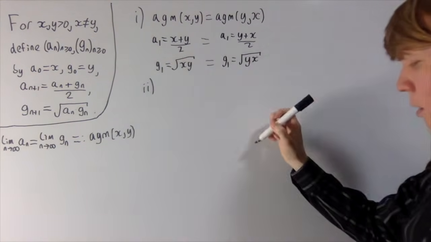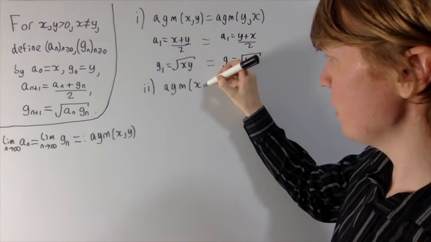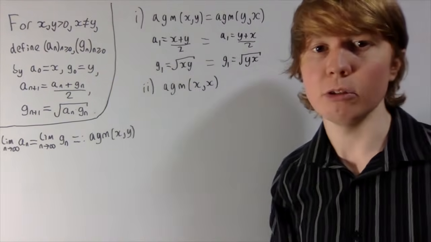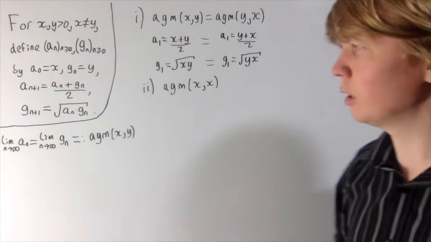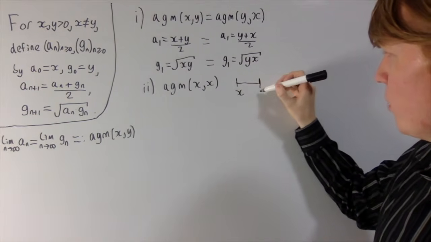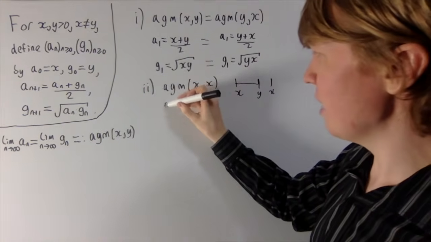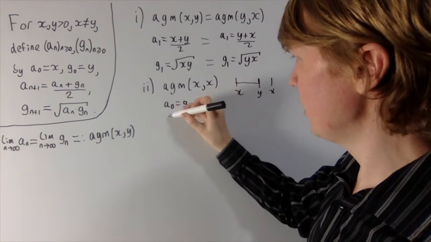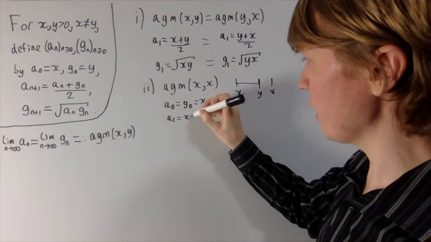So another property we'll have a look at is if we try and extend the definition a bit. Initially, we assumed that x and y aren't equal. What would happen if you had the arithmetic-geometric mean of x and itself? Well, pictorially, on your number line, instead of being between x and y, you would just start at the point x. And here, you'd have A0 equals G0 equals x. A1 would be equal to (x plus x) over 2.